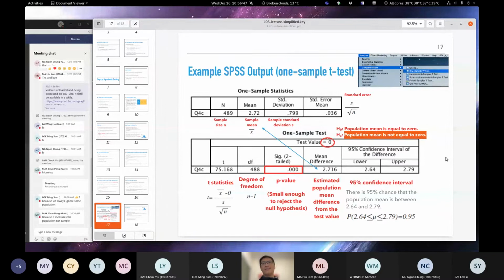Now, some of you may ask, why doesn't SPSS simply tell me either yes or no? Why does it give me a number, and then I need to determine the conclusion by myself? Why doesn't it simply tell me yes or no, but instead gives me a p-value for me to draw the conclusion?